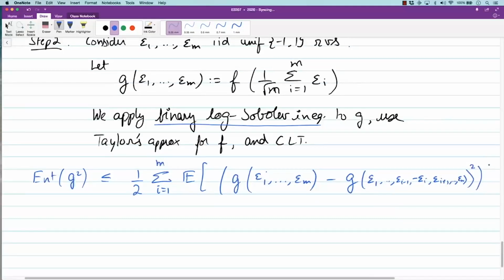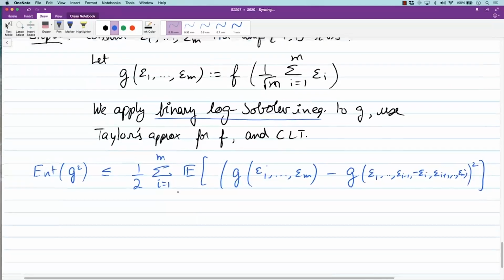Okay, so this form that I'm putting down here applies only because we have the Rademacher distribution, uniform distribution. In fact, we only prove binary log-Sobolev for this distribution, and so that's the reason.